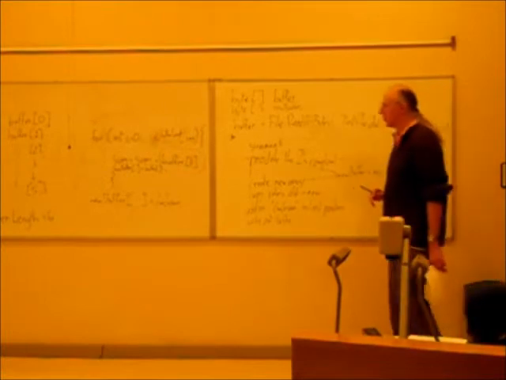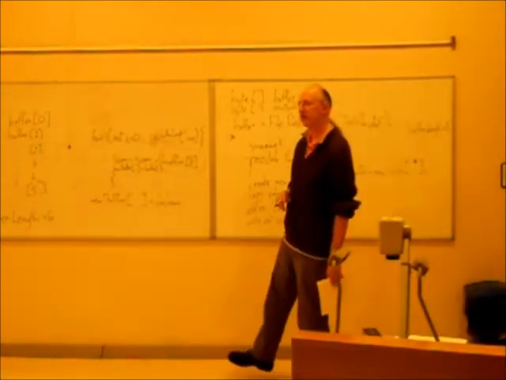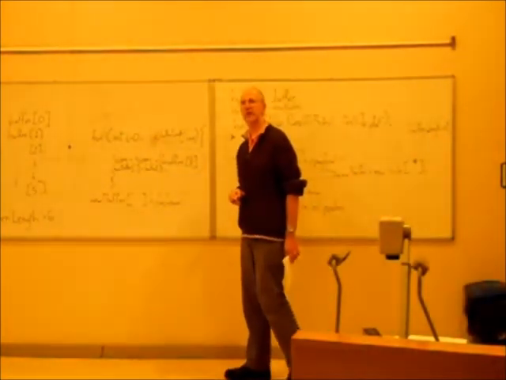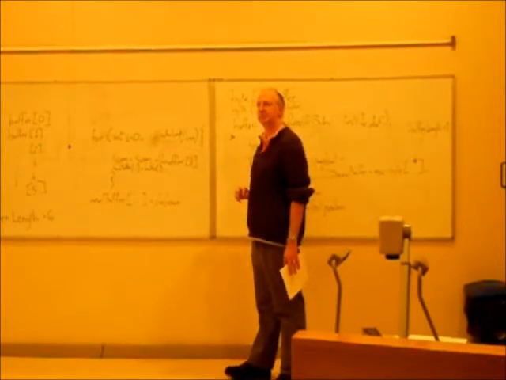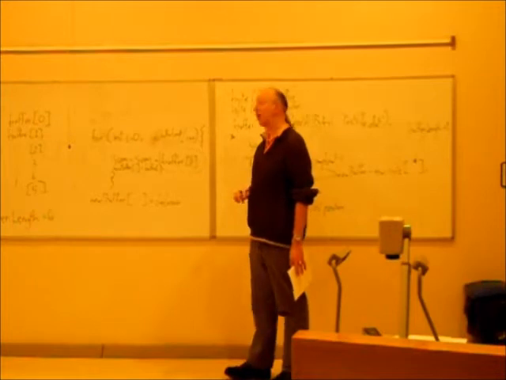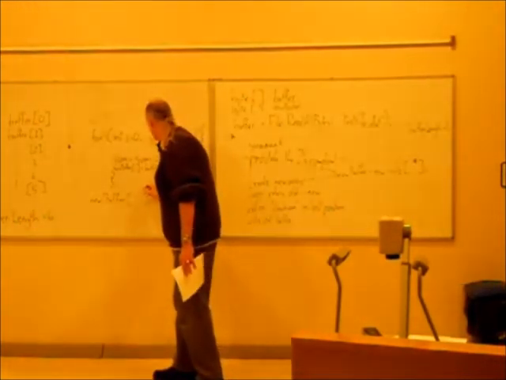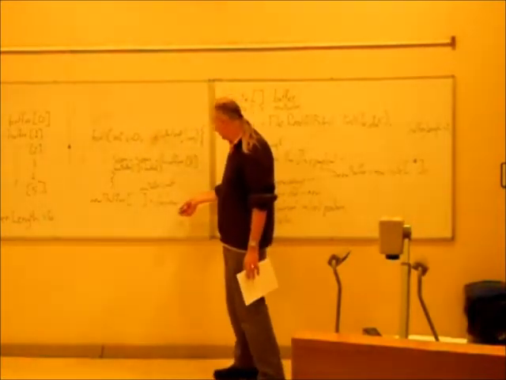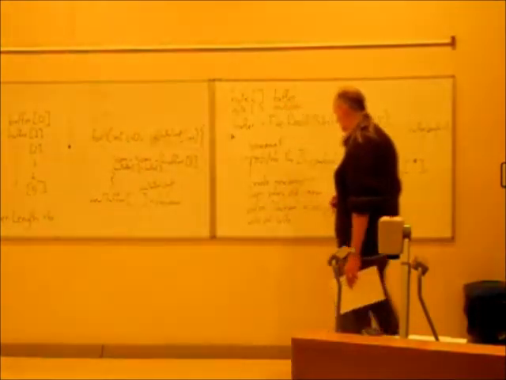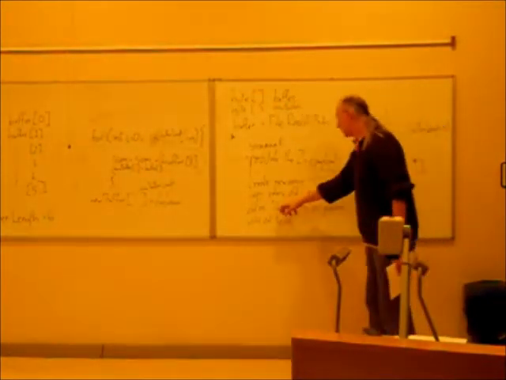What is the last position of the new buffer array? New buffer dot length. We stuck the checksum into the last position, and hey, alright, so I've done that bit.